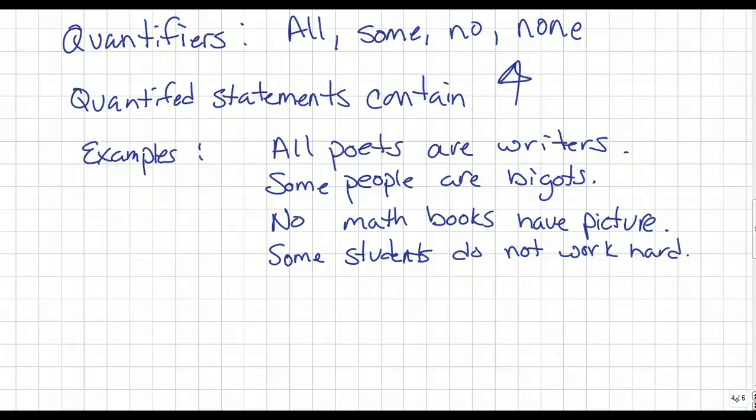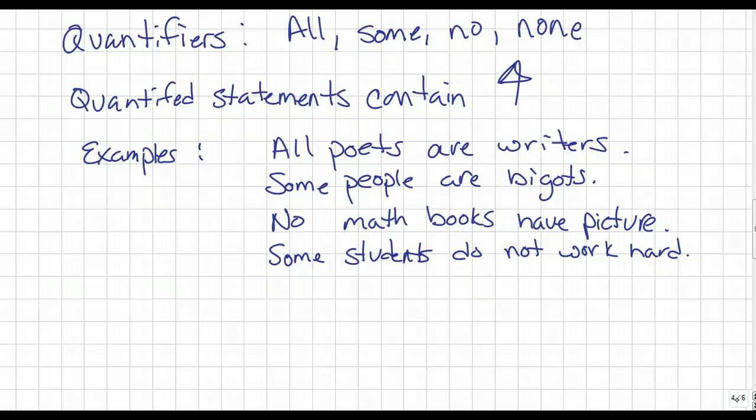Okay? So quantified statements contain these quantifiers, and these are some examples here. All poets are writers. Some people are bigots. No math books have pictures, and some students do not work hard. All right?